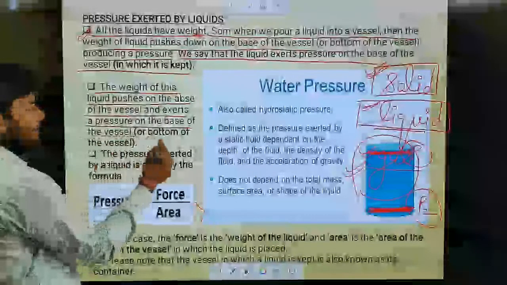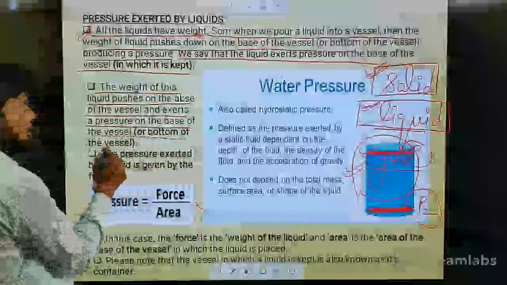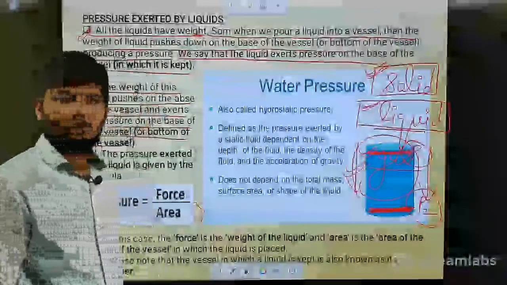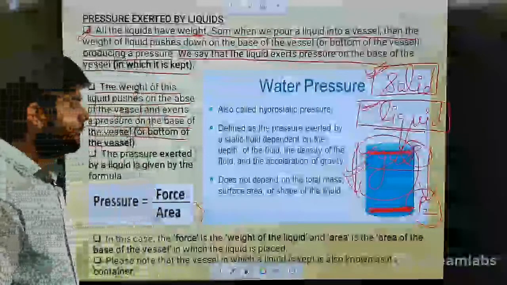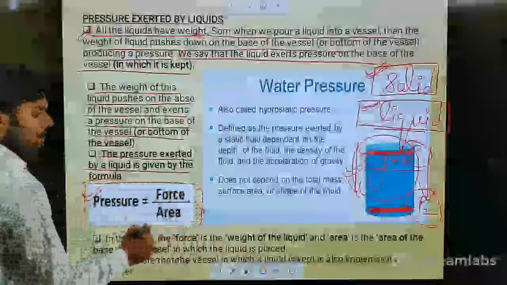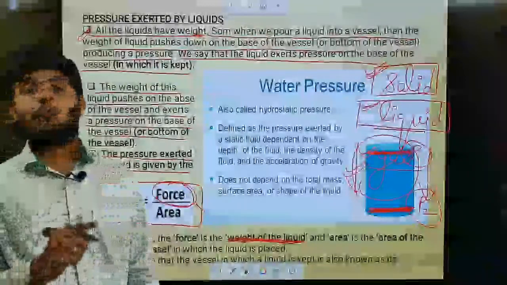The base of the vessel or bottom of the vessel. Force upon area applied by the wall weight.